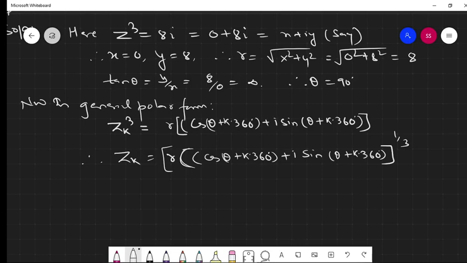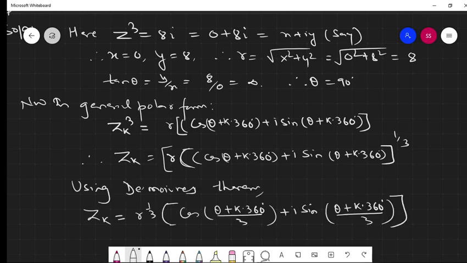Now here we can use de Moivre's theorem. Using de Moivre's theorem, the value of z_k equals r to the power 1/3 times cos of (theta plus k times 360 degrees)/3 plus i sin of (theta plus k times 360 degrees)/3. Yes, closed.